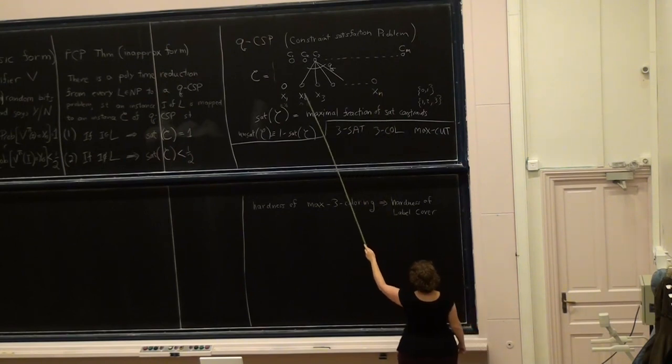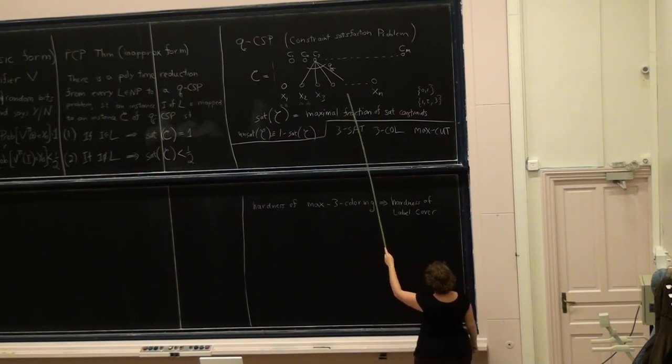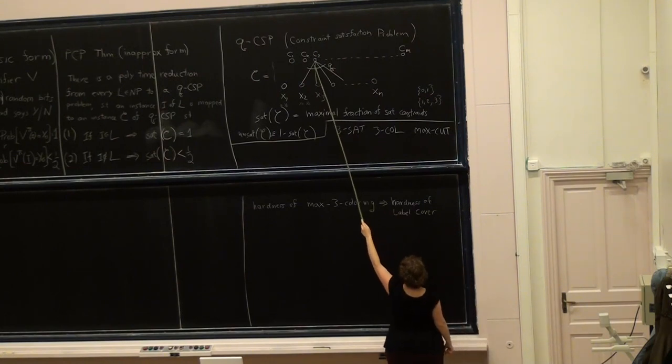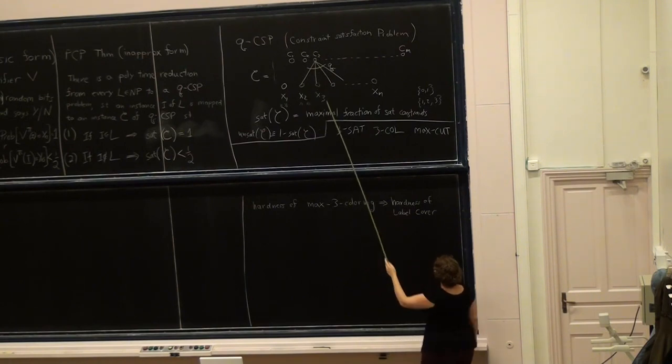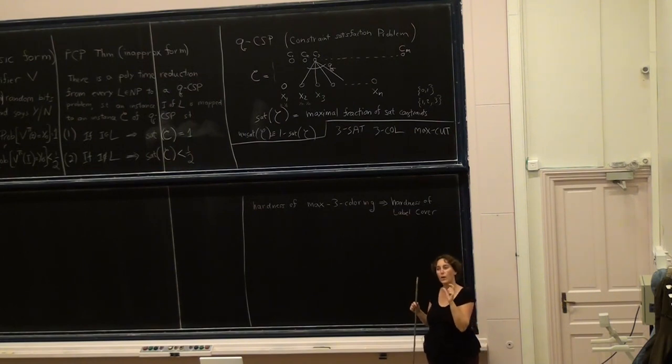This is one side, this is the other side. And what are the allowable labels? All the labels these vertices can get are just 1, 2, or 3, specifying the colors. And the labels that such a constraint can get: out of all possible 9 values that it sees, it's only going to allow 6 of them, because (1,1) is not allowed, (2,2) is not allowed, (3,3) is not allowed.